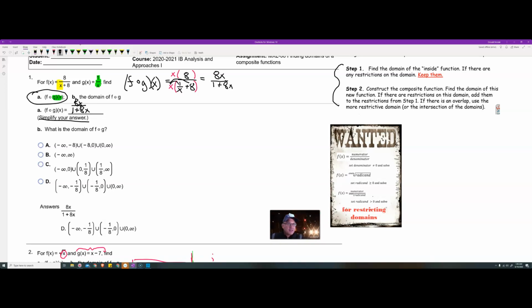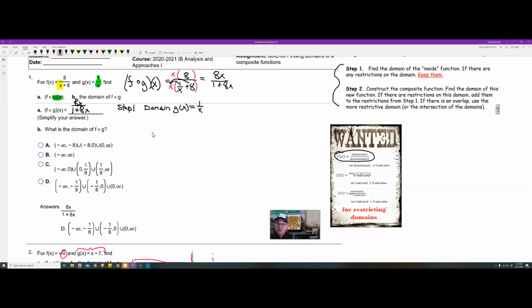Now, part B asks, what's the domain? So here's when we follow our steps. Step 1: what's the domain of the inside function? I go over here to my domain restrictors, and I've got a fraction with a denominator that has a variable in it.